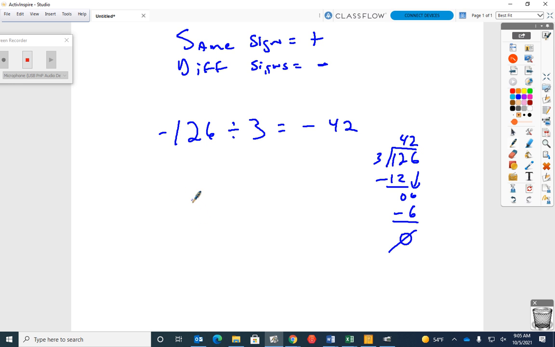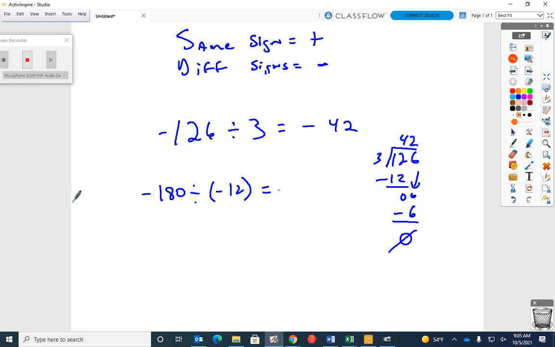Negative 180 divided by negative 12. Try that one. Now, division, you're only going to have 2 at a time. I didn't put any with more than 2 on there. Okay, Braden's got an answer.